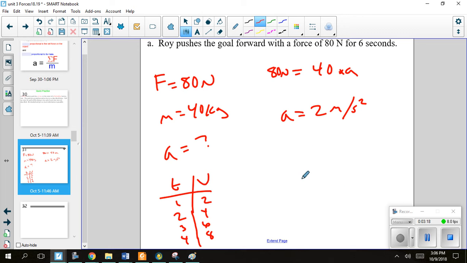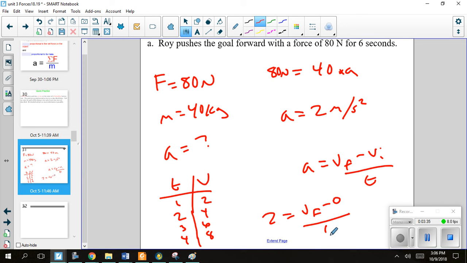The other way you can do this is acceleration equals velocity final minus velocity initial over time. In this case, 2 equals Vf minus 0 at rest, over 6. So the goal is moving at a velocity of 12 meters per second. Right, it's hustling down the rink.